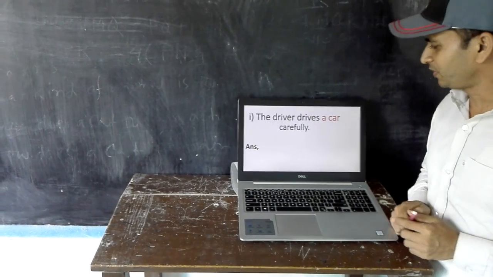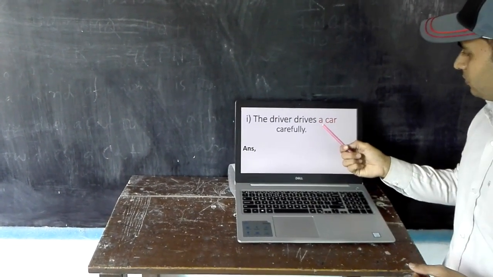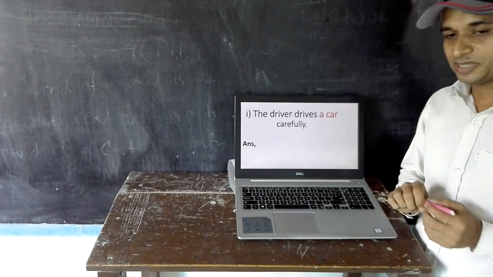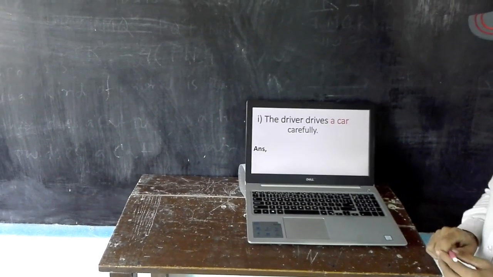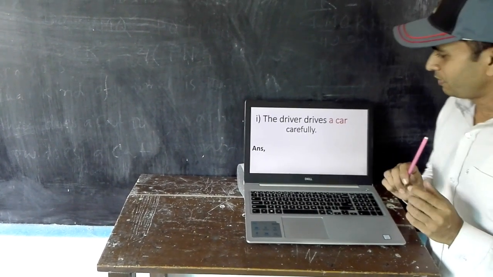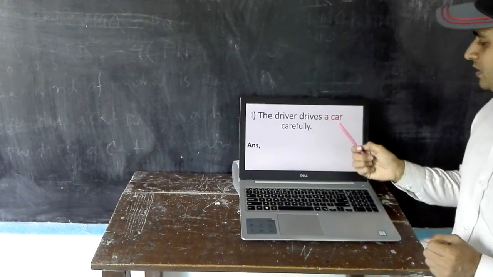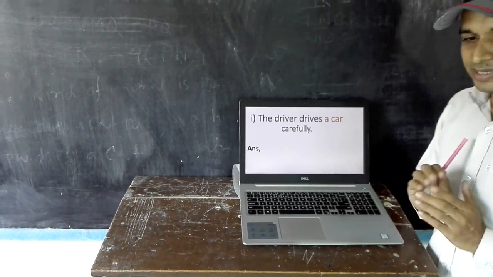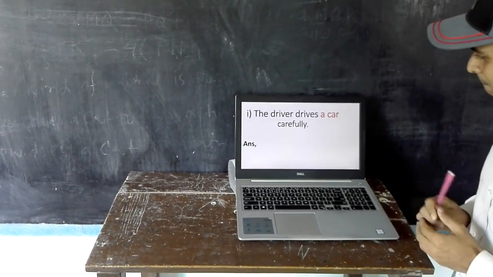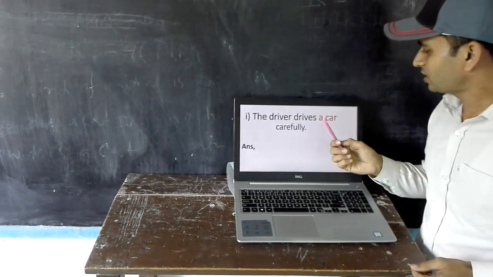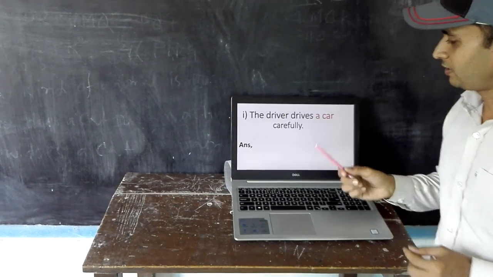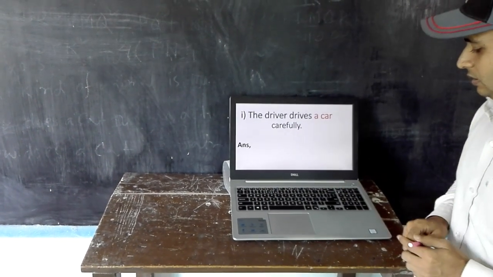Students, now you can ask me why the object a car has been colored here. Because to make passive, knowing the object is too important. Because the object of active voice becomes the subject of passive voice.